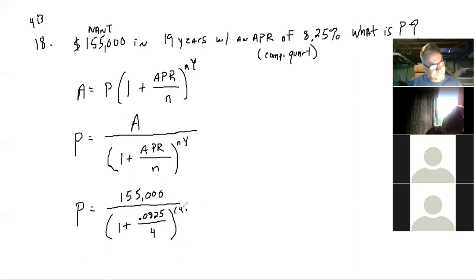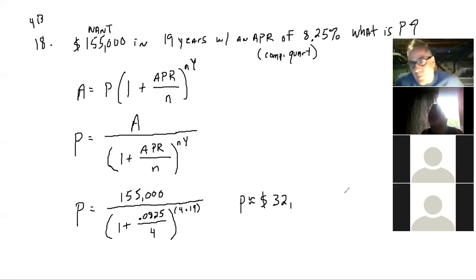So it would then be a matter of putting this into the calculator, and P is going to come out to, rounding to the hundredths place, $32,847.35. So I know how much I would need to start with to obtain that: $32,847.35.